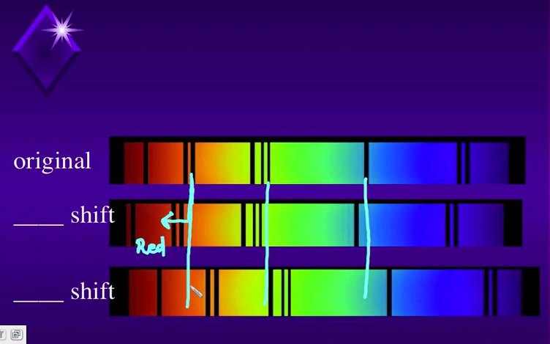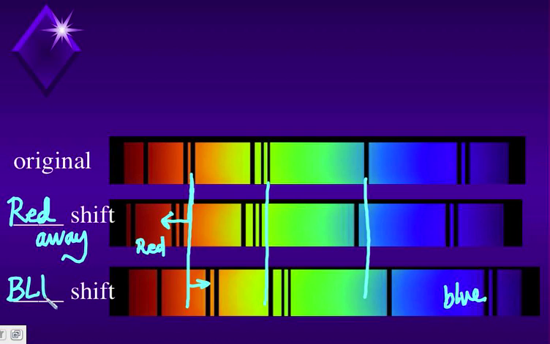And here, we can see they've shifted this direction from normal, which is toward the blue end of the spectrum. So I will label this first example as a red shift, telling me that the wavelengths have gotten longer, the star is moving away from Earth. Here, with the blue shift, this star would be moving towards Earth, as blue is the shorter wavelength of the colors.